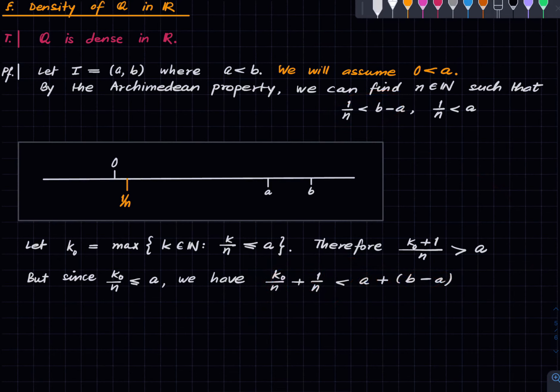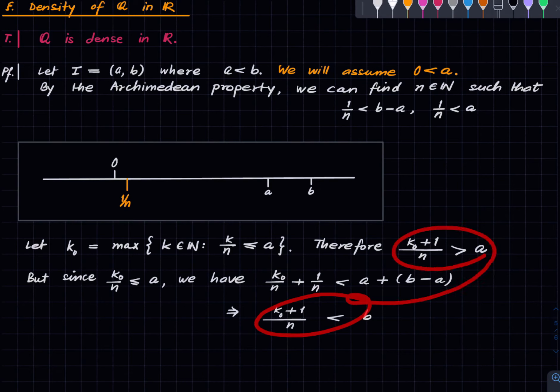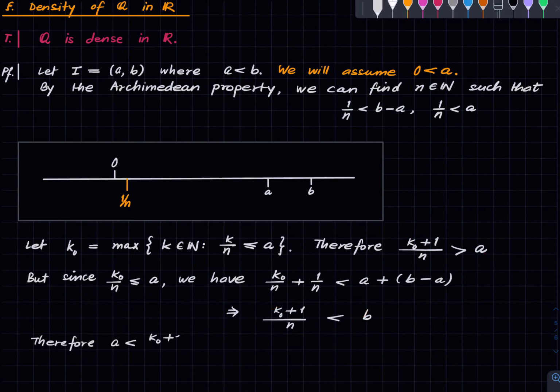But what is the left-hand side of this? The left-hand side is (k naught plus 1) by n, and the right-hand side is b. Okay. Combining this and that, we have located a rational number within this region, within the interval a comma b.